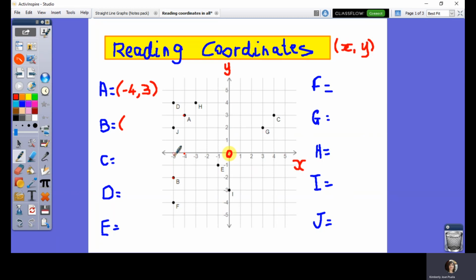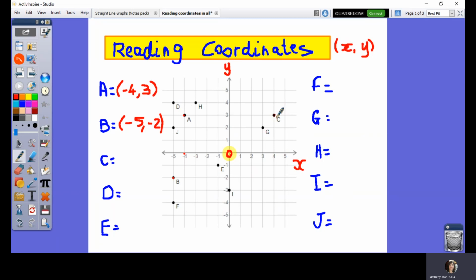You see here, it touches -5 on the x-axis, and then goes down 2 spaces, -1 and -2. Therefore, the y value here is -2. And there you have your coordinate explaining the location of B.